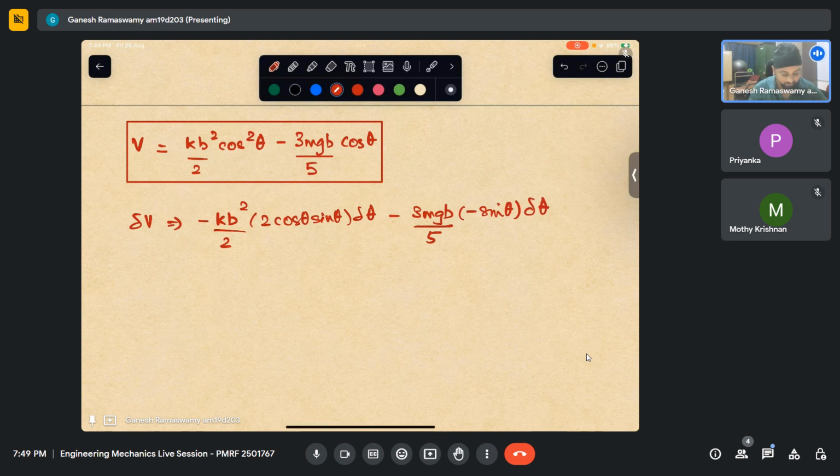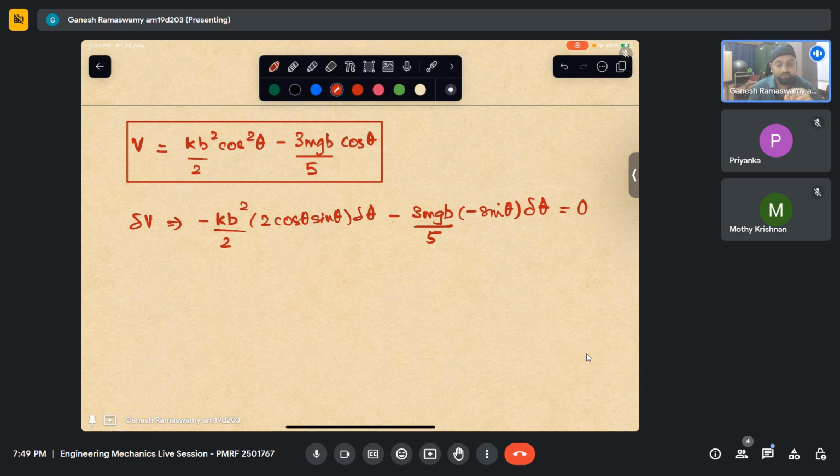Now mind you, when we write the energy, we have already accounted for the sign. When we wrote mgh, we have already accounted for the sign. So here we need not take the magnitudes, as opposed to the force method where we actually took the magnitude of the virtual displacement. Then from the physics of the problem, we analyzed whether the active force is doing positive work or negative work. Here we need not do that.